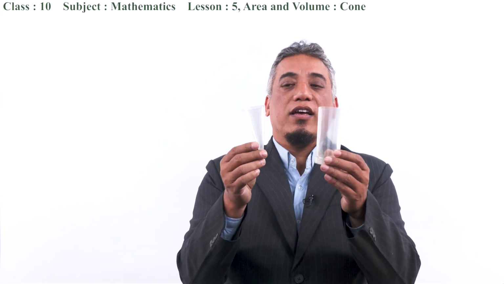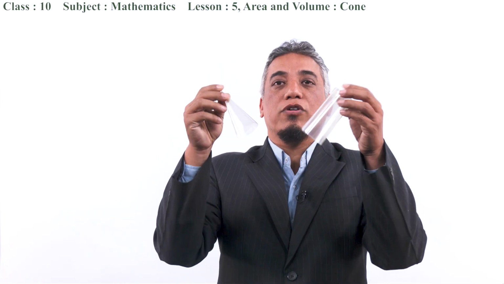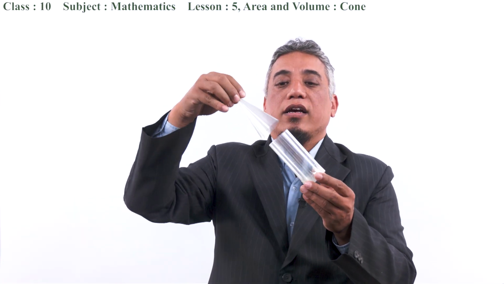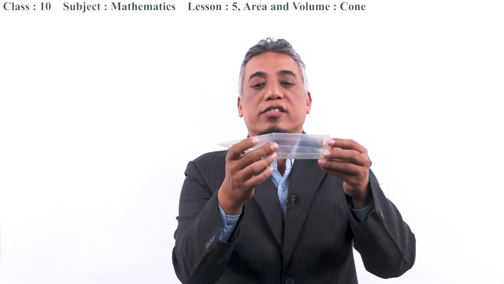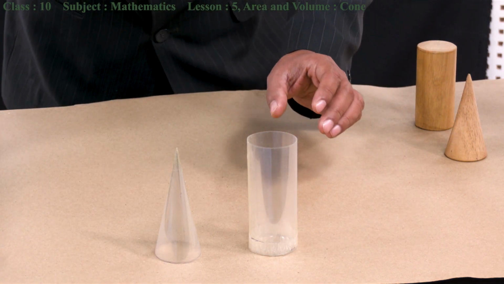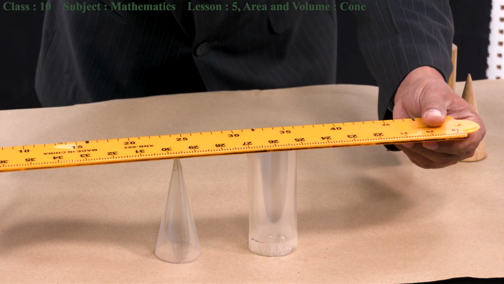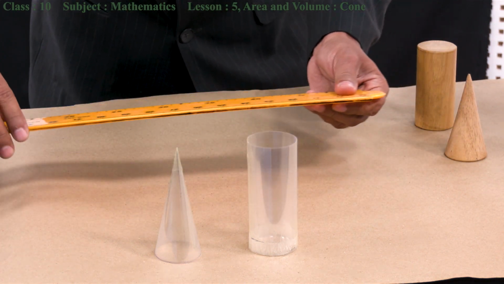First of all, let's check their height. I've taken both of the objects of the same height and same base area. It fits here, or I can show here. I'll put a scale over here. You can see. Can you see? Yes, they both are of equal height. Yes.